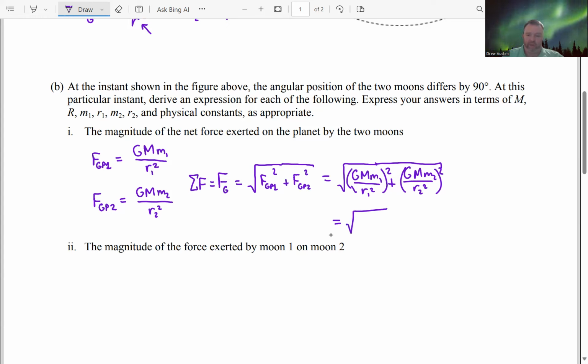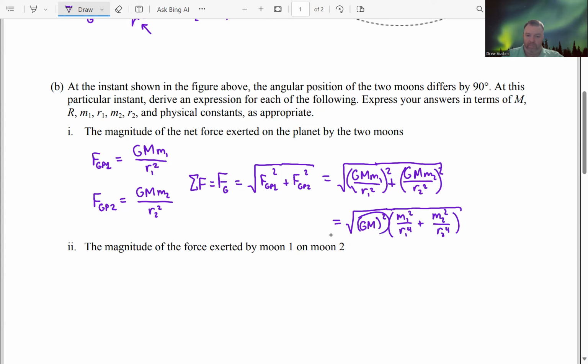So we can factor out a big G, big M squared, and then what's left is going to be m1 squared over r1 squared squared, which is r1 to the fourth. That's from the first term, and from the second term, we have an m2 squared over r2 to the fourth.